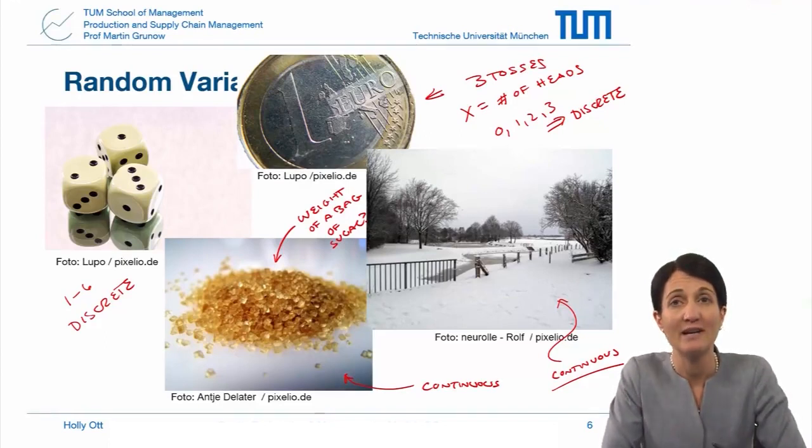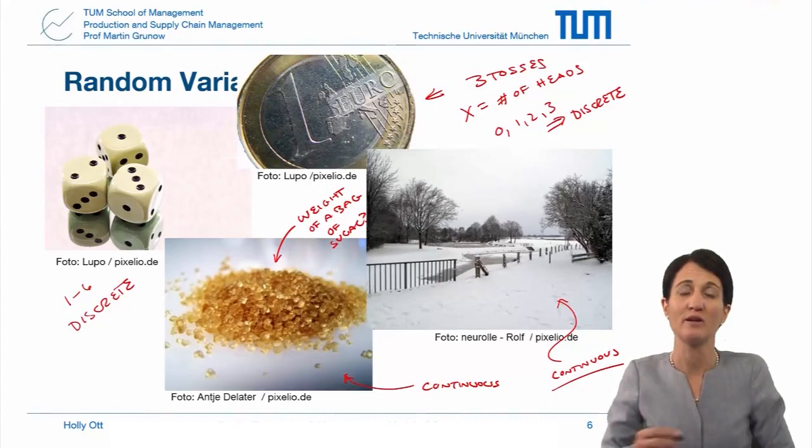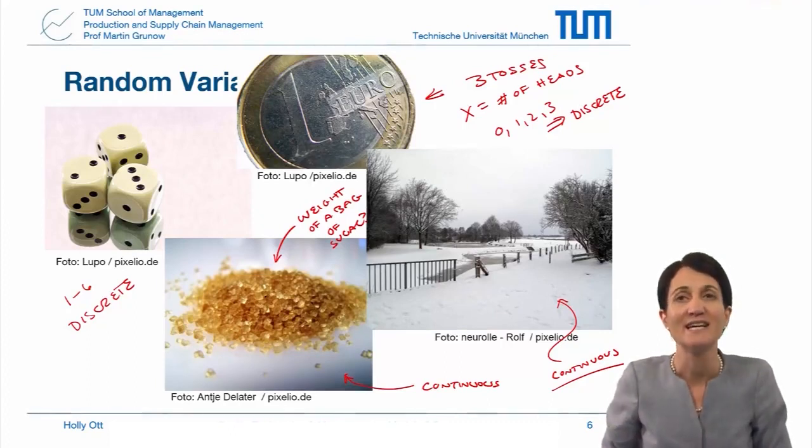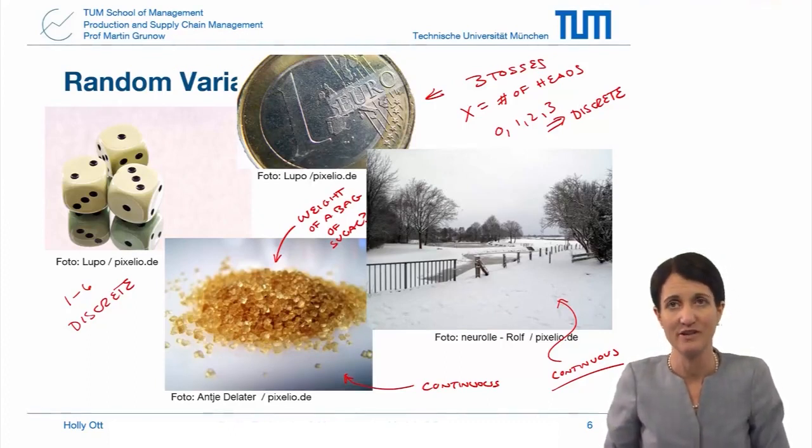Life of a car battery in hours. If you're counting by hours, 1 hour, 2 hours, that would be discrete. But if you're talking about the life of a car battery, then that could take almost any value, down to seconds, picoseconds. The number of bad products in a sample of 20, though. There you're counting the number of bad products, which we do a lot in quality engineering. That's a discrete random variable.